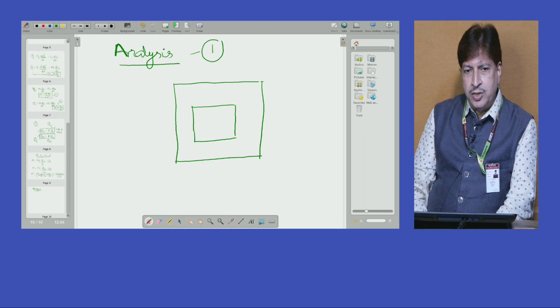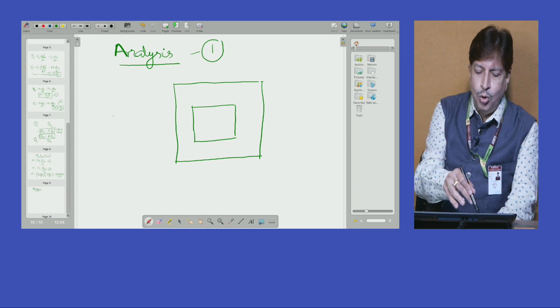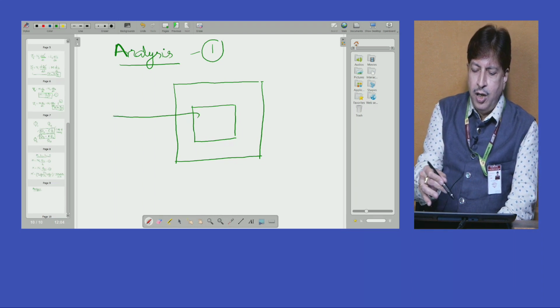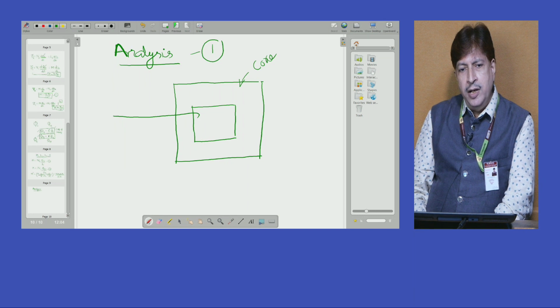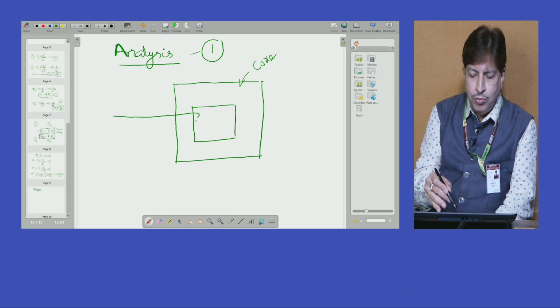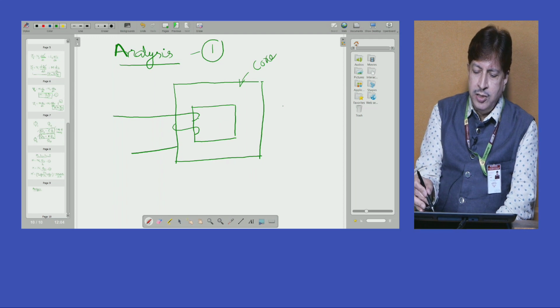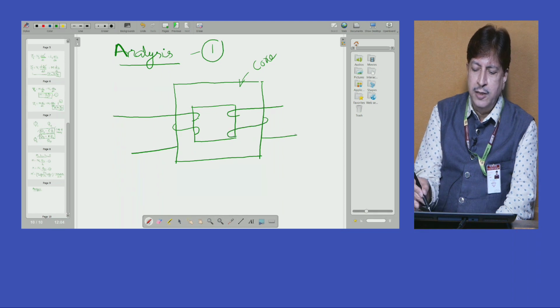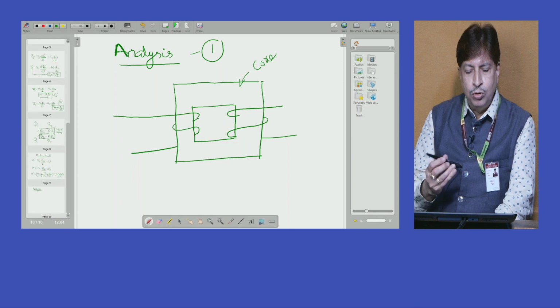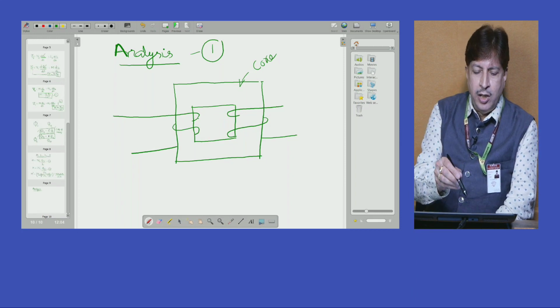This particular representation, what you are seeing here, is a core. The winding arrangement of the coupled circuit is always made on the core. Imagine a coupled circuit is shown like this. There are two coils, coil number 1 and coil number 2.